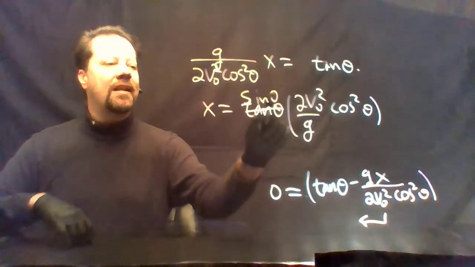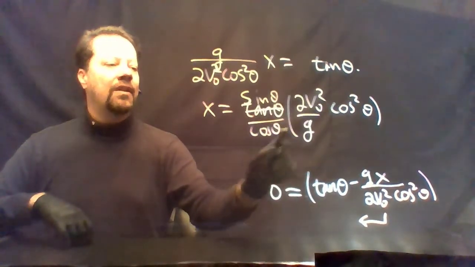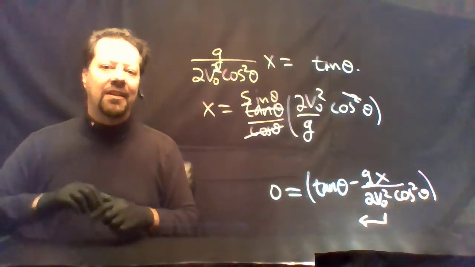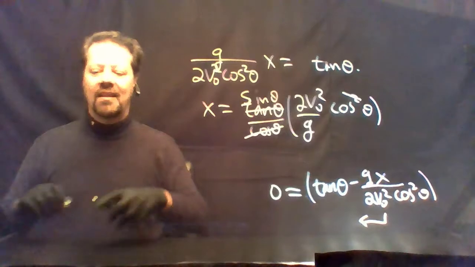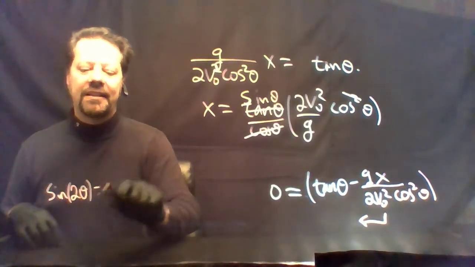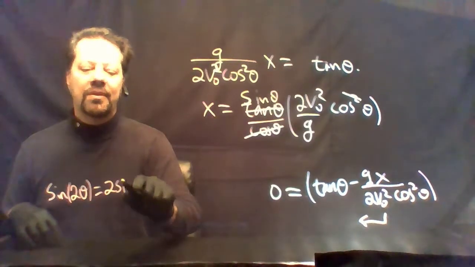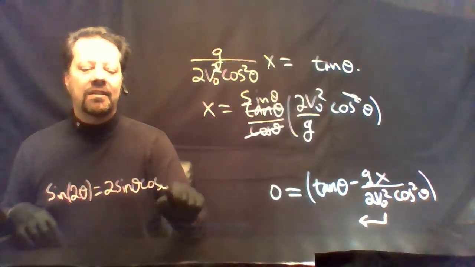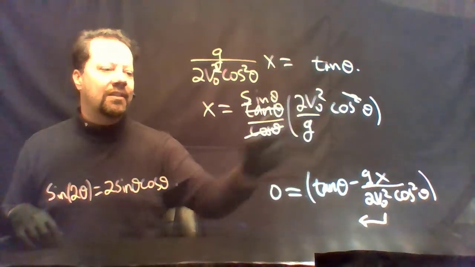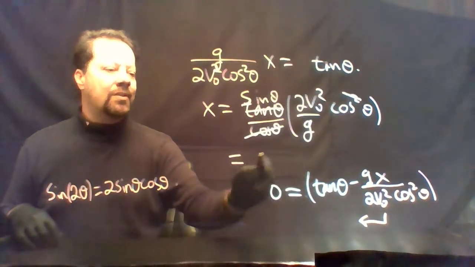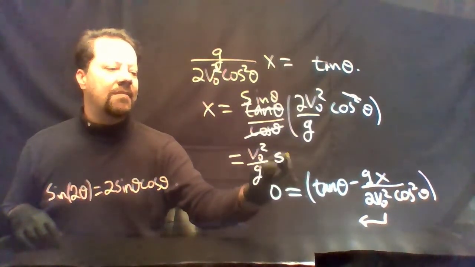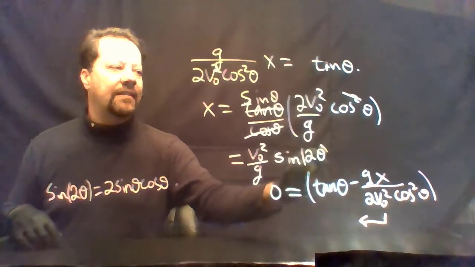Tangent is sine theta over cosine theta. We can cancel one factor of cosine theta. Keep in mind that the sine of 2 theta is 2 sine theta cosine theta, which we happen to have. So we're going to have v naught squared over g times the sine of 2 theta.